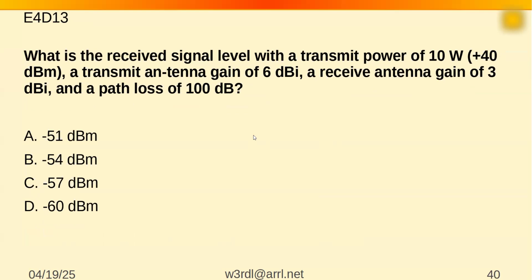What's the received signal level with a transmit power of 10 watts, which is plus 40 dBm, right? 1 watt over 30. A transmit antenna gain of 6 dBi. A receive antenna gain of 3 dBi. And a path loss of 100 dB. Which makes that a minus 100, since it's a path loss.